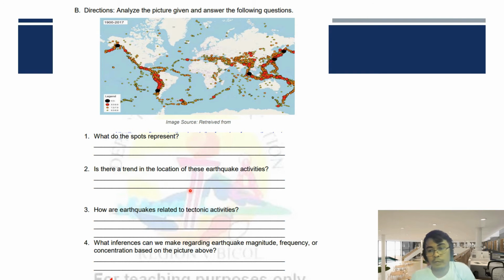When we speak of inference, what can you observe out of this picture? What can we generalize? What does this picture show regarding earthquake magnitude, how strong they are, where they are often seen, or where they concentrate based on the picture above.